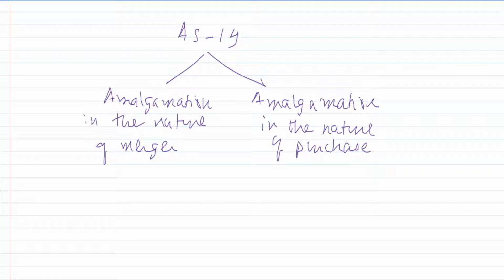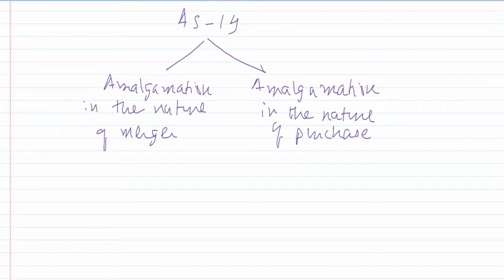So when we are solving questions, we are not supposed to differentiate between amalgamation, absorption, or external reconstruction. Instead, when you are solving questions, you have to distinguish between amalgamation in the nature of merger and amalgamation in the nature of purchase.